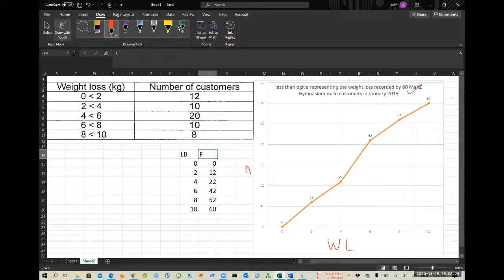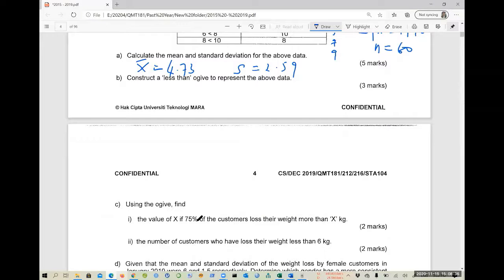Okay, you connect saja point. So one point to another, just connect a straight line over there. So just connect saja. You don't need to have a smooth line, right? Okay, so this is your ogive. So that answers the question for this part, the first one. Okay, construct a less than ogive.